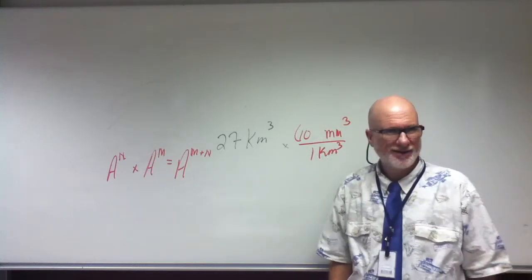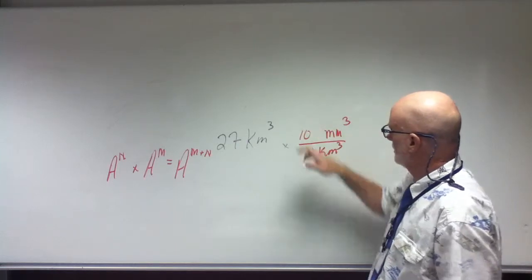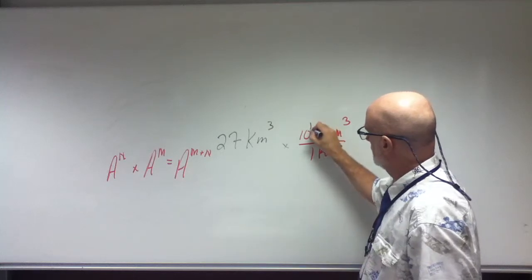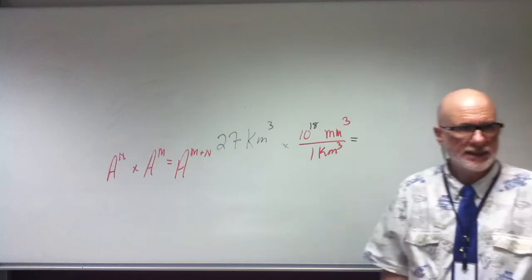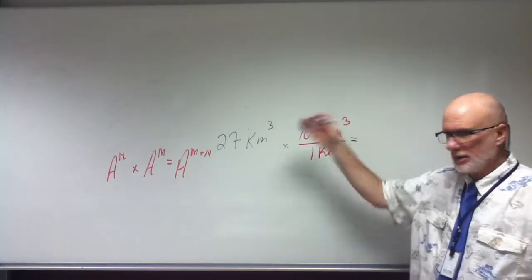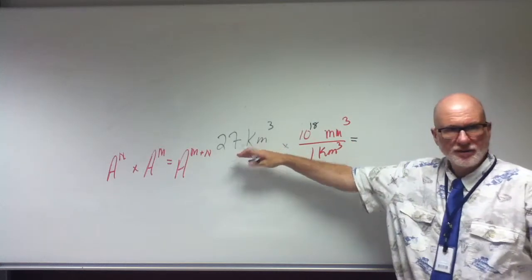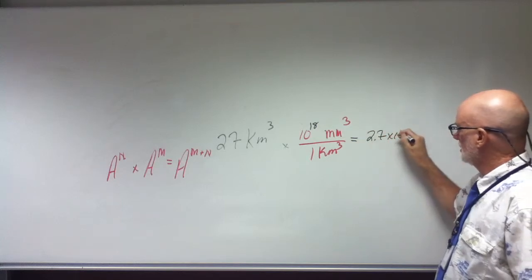Whiteboards are great, right? I love them. So that's going to be 10 to the 18th. So what is the answer? Do it all at once now, mentally. You're going to 10 to the 18th, but you want to move that over. So it's going to be 2.7 times 10 to the 19.